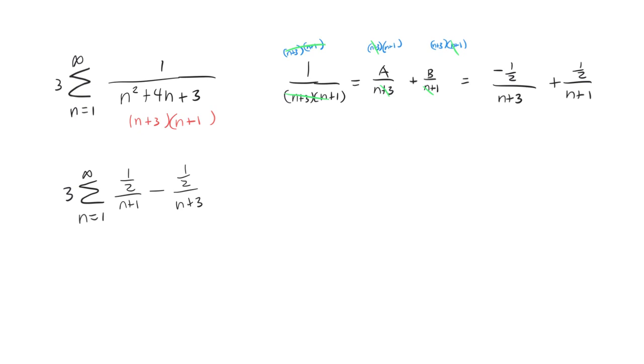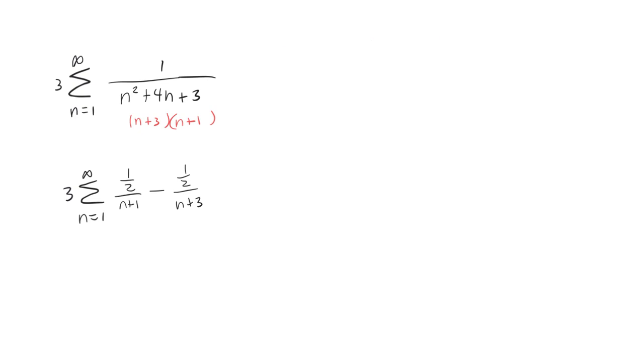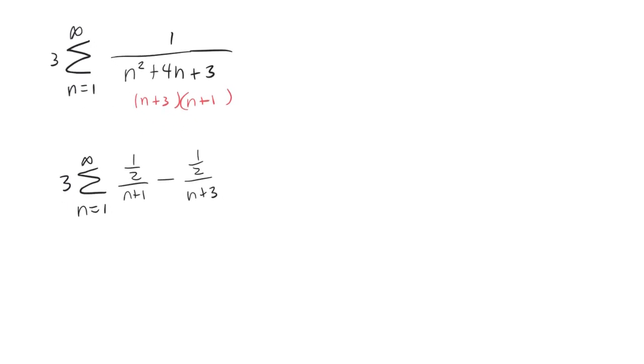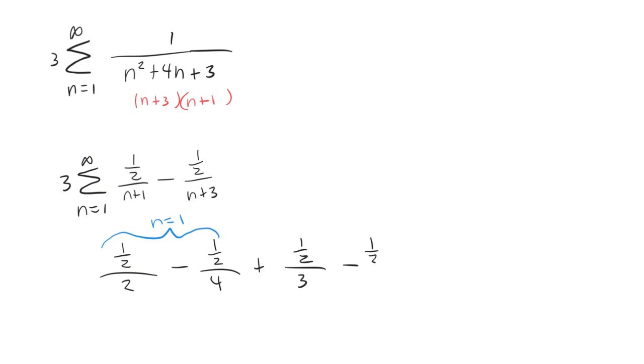And then we can flesh this out a little bit and see what's going on. If we were to expand that, we could say 1/2 over, if n was 1, that would be 2, minus 1/2 over, if n was 1, that would be 4. So that's what you get when n equals 1. Now we would be adding that to 1/2 over, if n was equal to 2 this time, then we would have 3, minus 1/2 over 5, right?